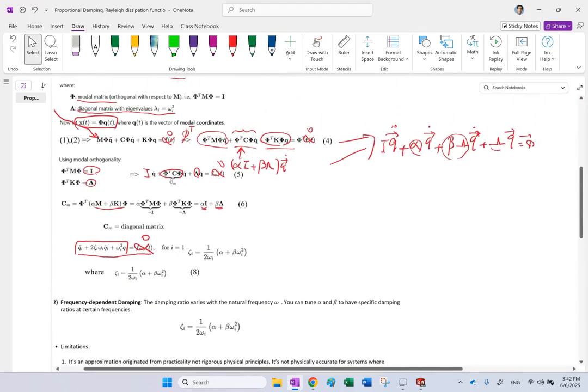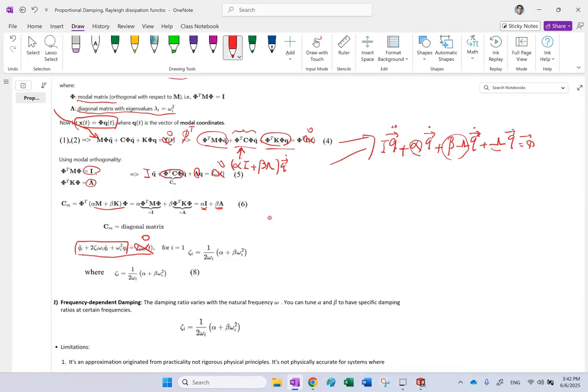Then, comparing these with each other, you can see the definition of the damping ratio zeta. What is zeta? Well, here you can see that the coefficient of q dot in here is 2 zeta_i omega_ni, correct? And then in here, what's the coefficient?